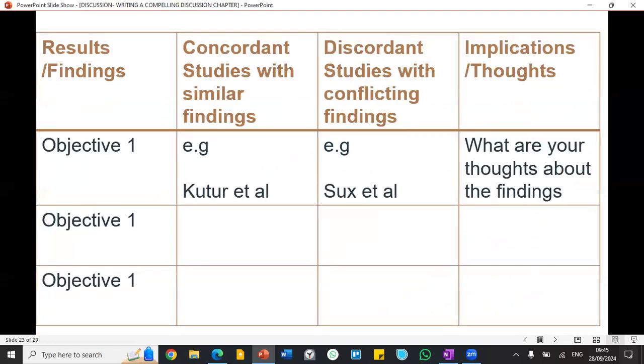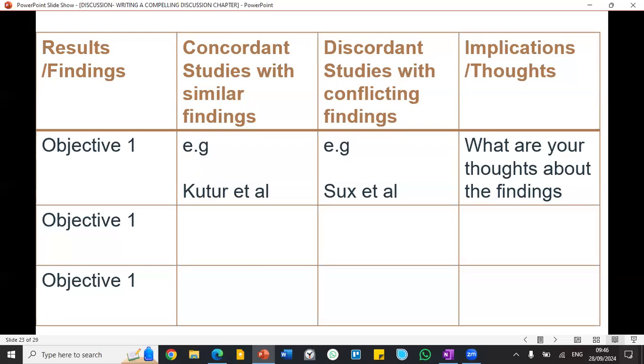For example, you may find you have a finding saying that females have poor drug adherence, maybe to antihypertensive drugs.